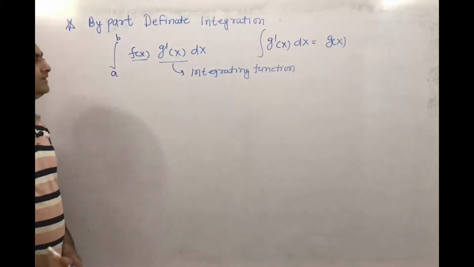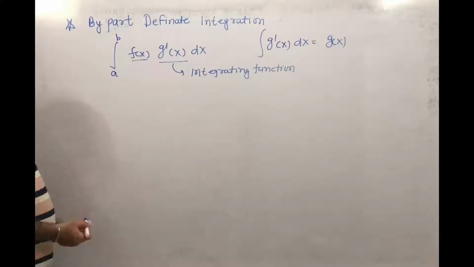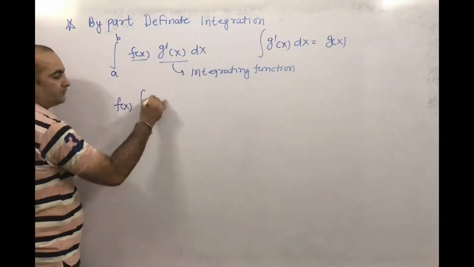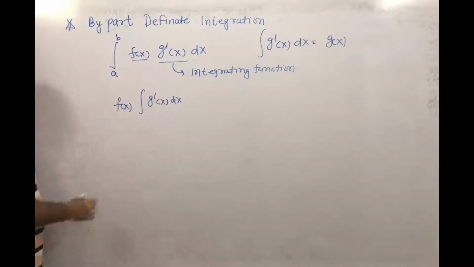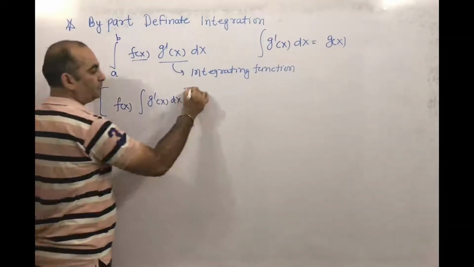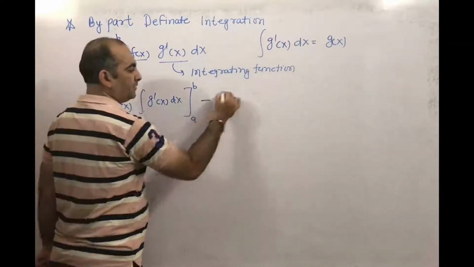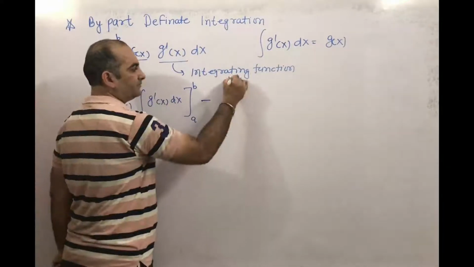So how to apply the ILATE rule, that we know. Now we are doing integration. So what will come here? f(x) is outside, integration of g'(x) dx, and we will apply limit a to b, minus big integration. Then here you have to apply limit a to b.